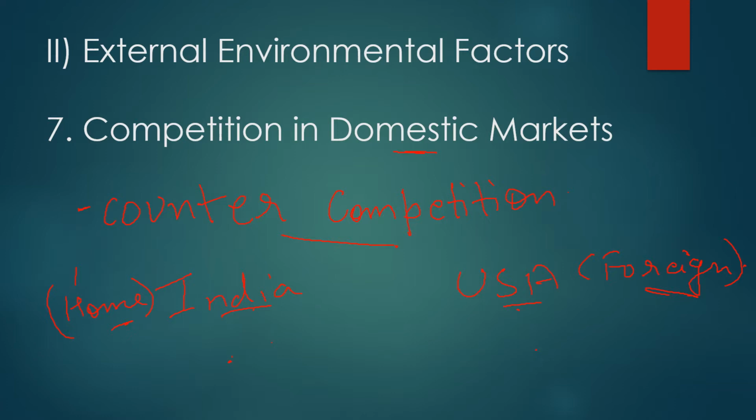Now there is a lot of competition because USA is also selling its goods over here and India is also selling its goods in the home market. What India can do is that it can start exporting its goods to USA, and not just export it but also use a penetration strategy.